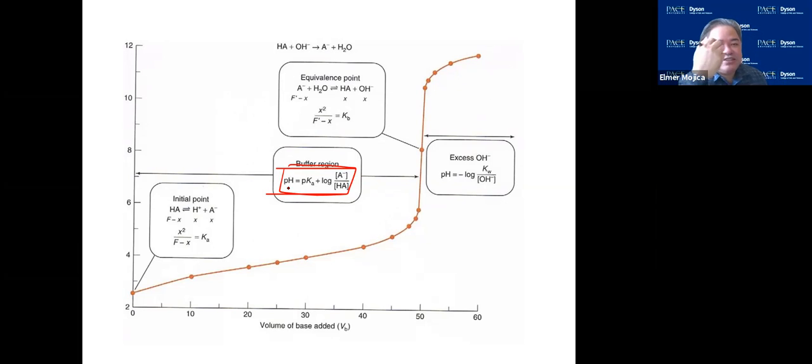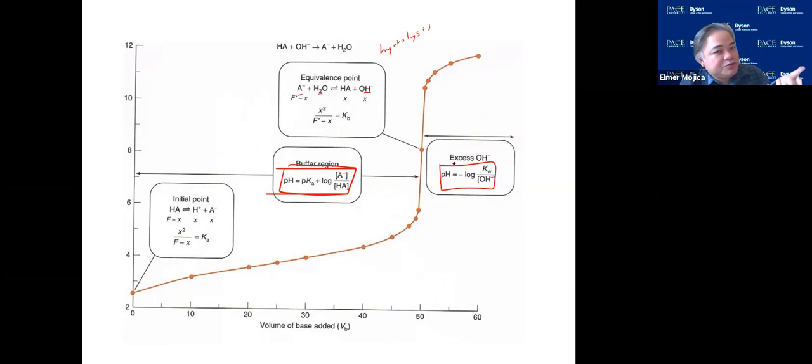And then at equivalence point, it's like a hydrolysis reaction. So you complete the reaction, and then you allow your conjugate base to undergo hydrolysis, which in this case produces the hydroxide. And then in the excess OH, or after equivalence point, it's the behavior of your excess hydroxide.